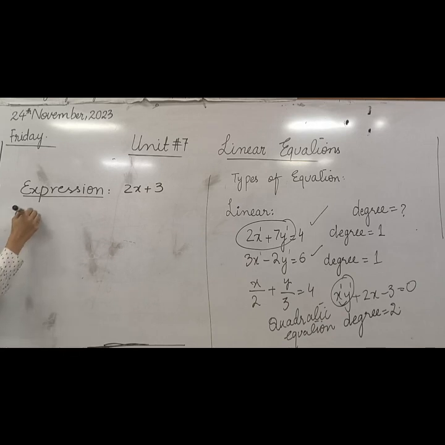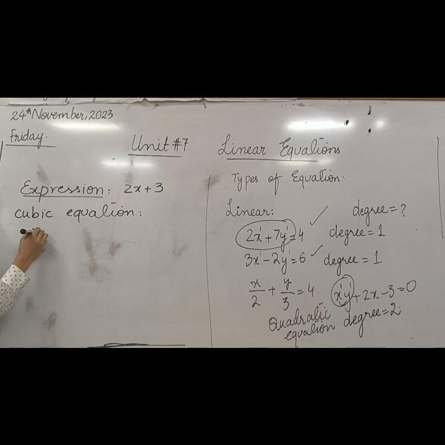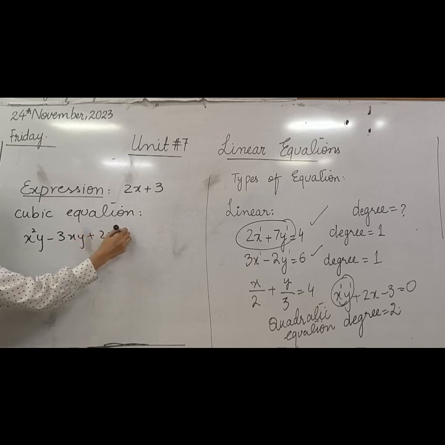Cubic. Equations in which the highest power of the variable is 3 are called cubic equations. For example, x square y minus 3xy plus 2x is equal to 0.